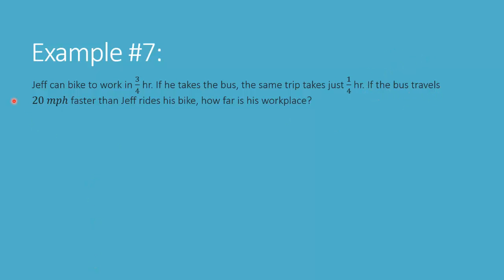The bus travels 20 miles per hour faster than Jeff rides. So actually, the first thing we need to know is, how fast does Jeff ride his bike, and how fast is the bus traveling? Since that's something we don't know, best thing to do is, let's make that our variable. So we're going to let x then be Jeff's speed on his bike.